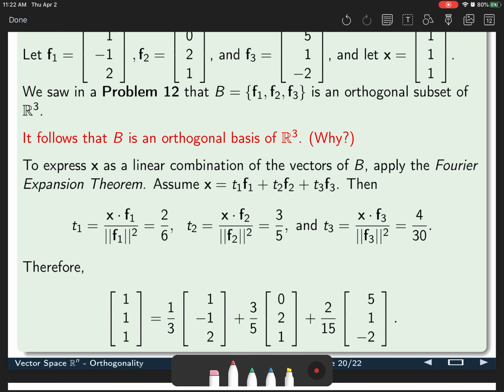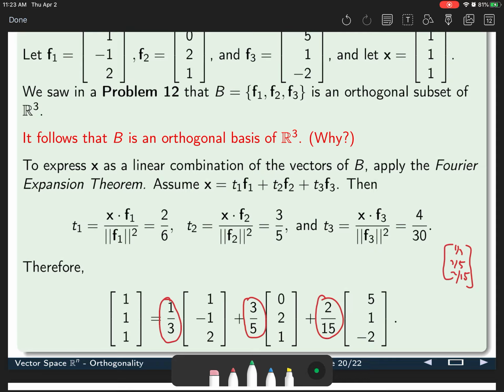Here's what I wanted to do with this. So we have this linear combination, and this weight out front, the Fourier coefficient, these are each going to be, you could think of these as being entries in a vector. Let's write that vector here. 1/3, 3/5, 2/15. I know that's horrible.